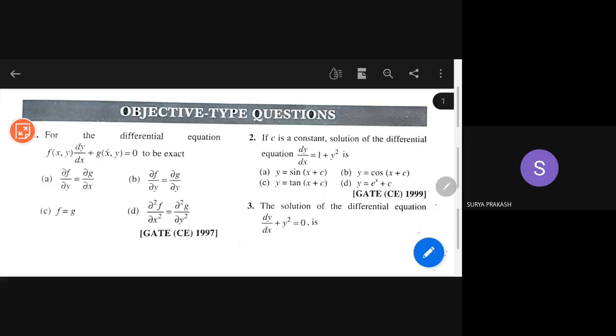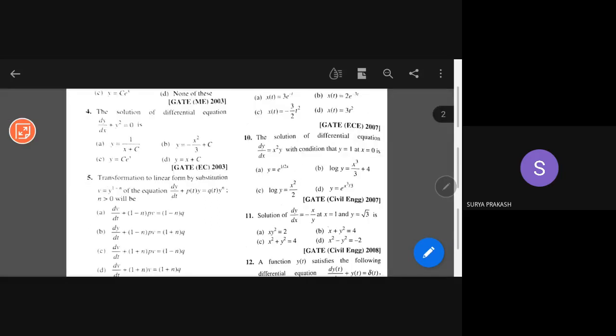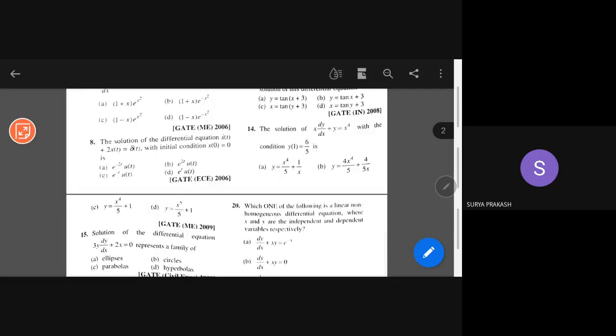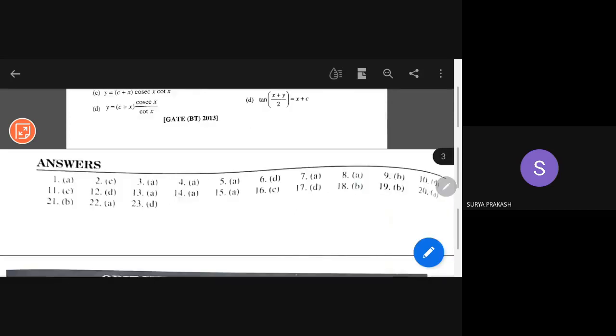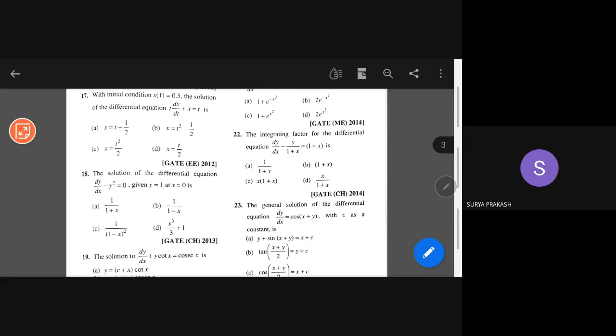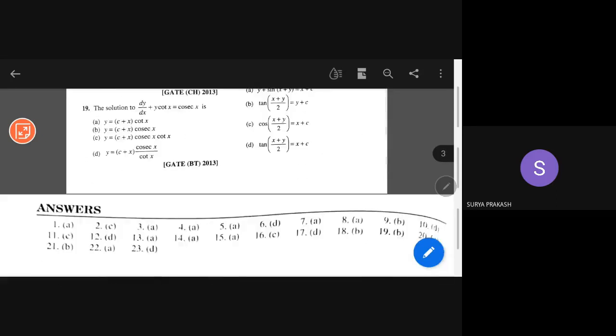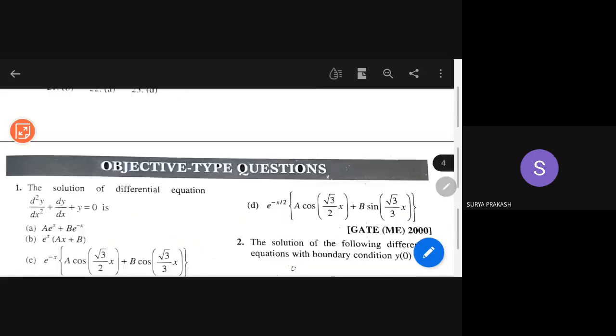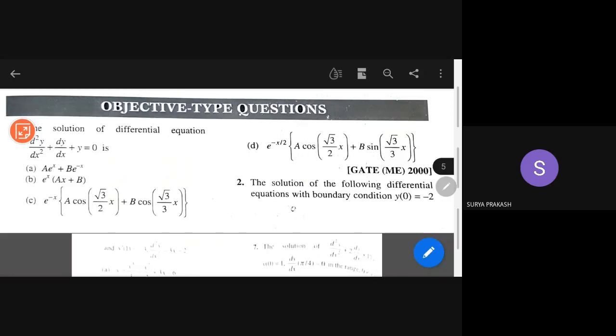See, this document has whatever is required. I have shared with you some questions and the answers. This is all about first order ODE. How many questions are there for practice? Almost 22, 23 questions. Then for the second order ODE, I will again upload the second page.